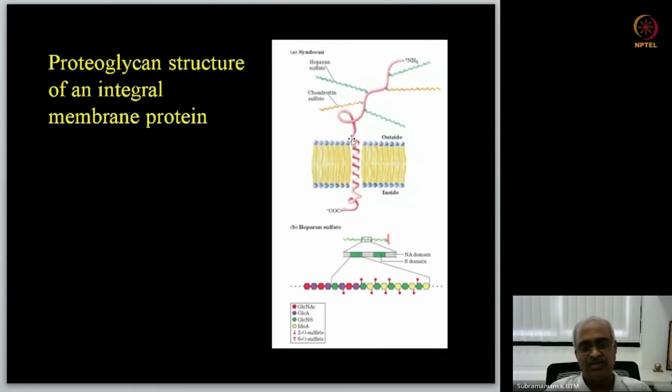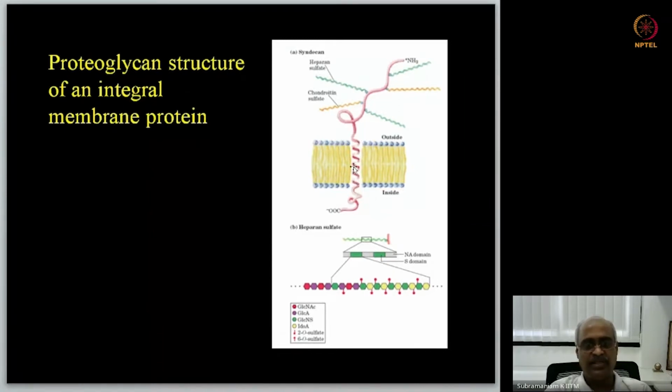The glycerol part has the phosphate and therefore it is hydrophilic, and the other two hydroxyl groups of glycerol are esterified with long chain fatty acids. These are the yellow tails here. So these are hydrophobic. These hydrophobic tails of the phospholipids interact with hydrophobic amino acids on this short chain, and that is how this protein is anchored in the membrane.